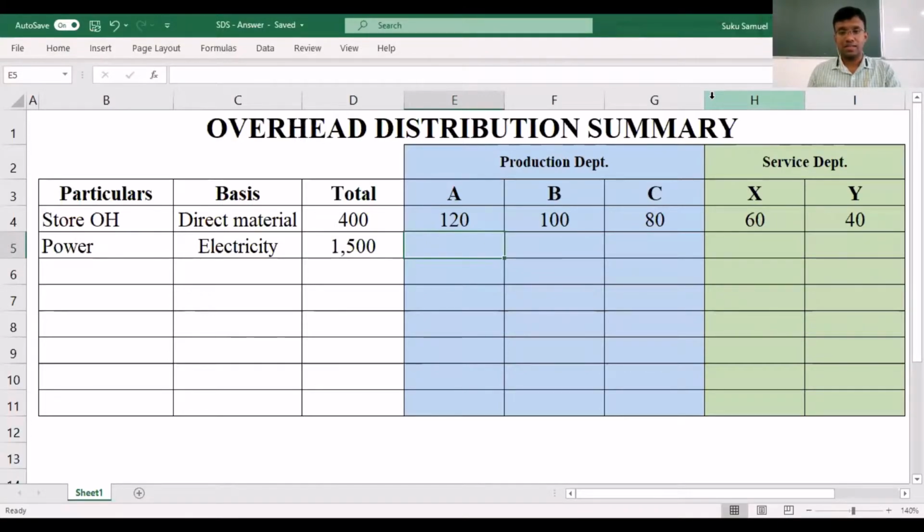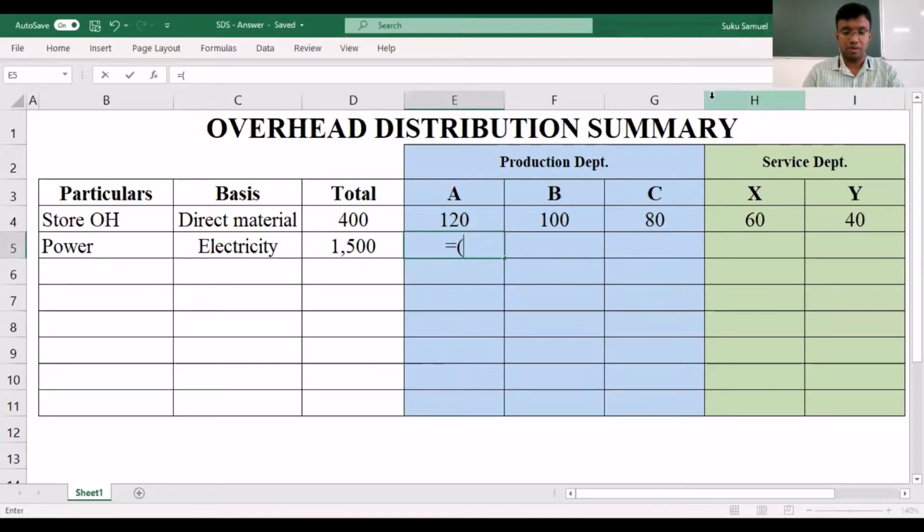So let us go about apportioning. For department A, how do we calculate? At first we have to take the sum total of all the values of electricity in the organization. When you add up all the electricity in the organization, the total works out to be 25,000.